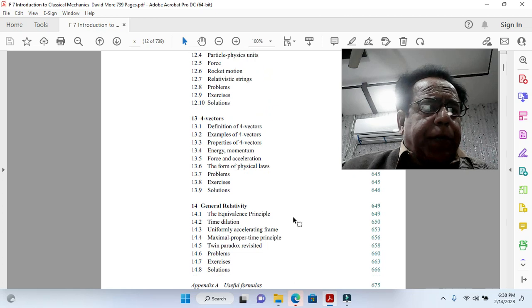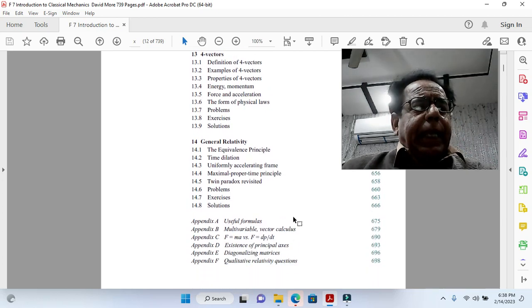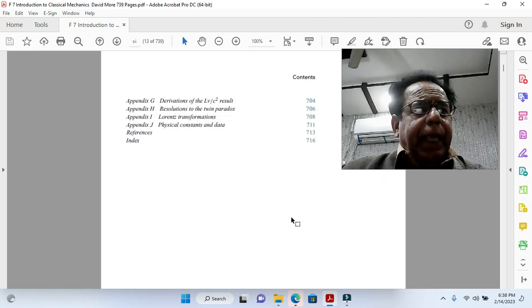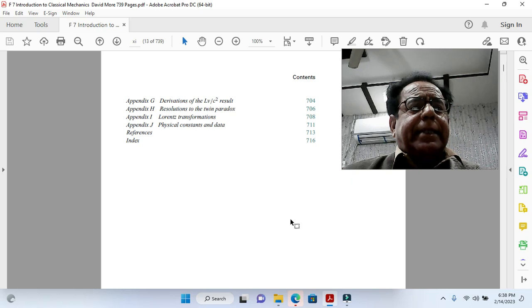Chapter number 14 is general relativity. And this is the last chapter, that is total 14 chapters. Then appendix begins, and appendix F is given at page number 698 and index is given at page 716.